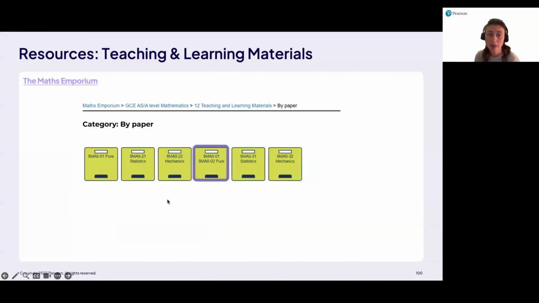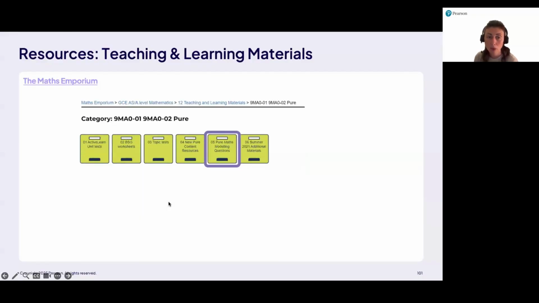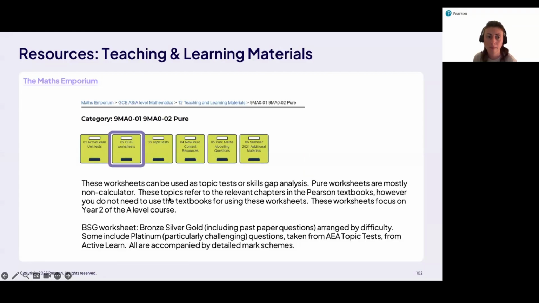Teaching and learning materials. So in teaching and learning materials, you can click on pure maths modeling questions. So this is a bank of questions that are focused just on modeling. And that's where I got at least one of my questions today from. And there's BSG worksheets as well, arranged by difficulty.